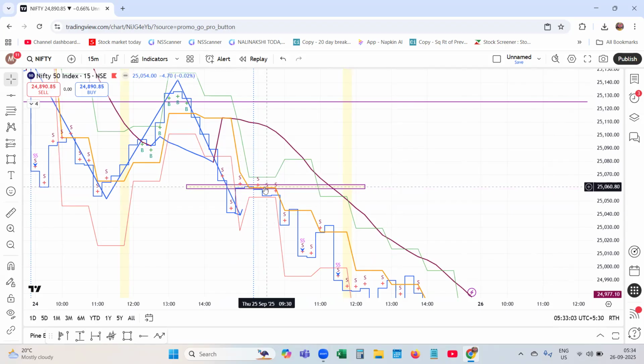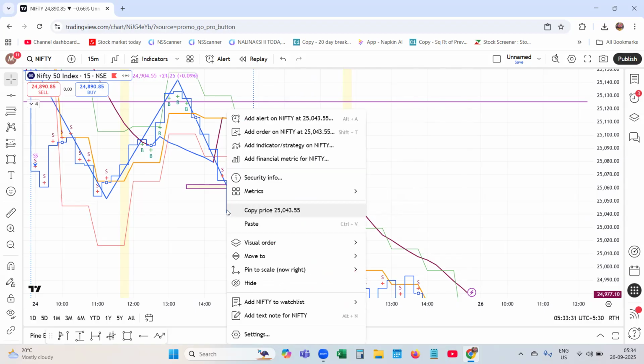Ground is flat, and the price, as you are seeing, is below the intraday pivot. Morning 9:30, 9:45, the price is below. Let me make this step line a little bit darker so that you will identify. See, you need to apply your mind.